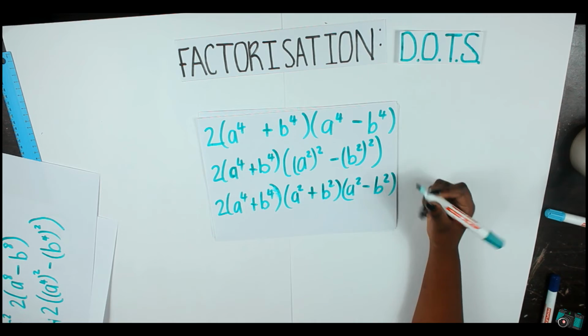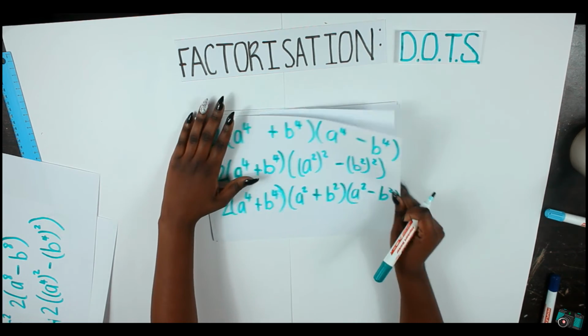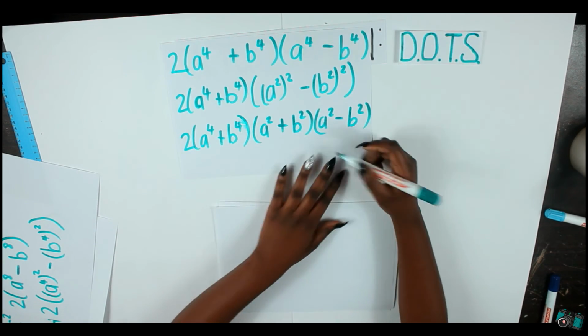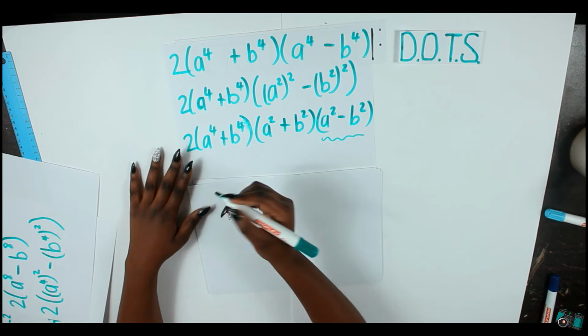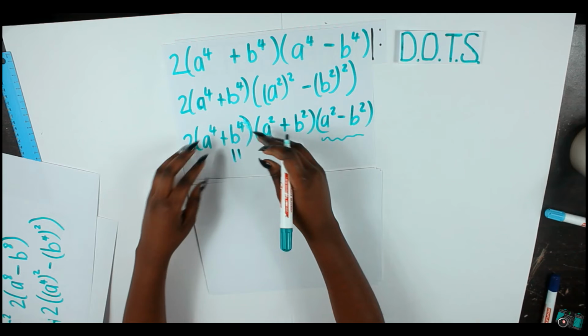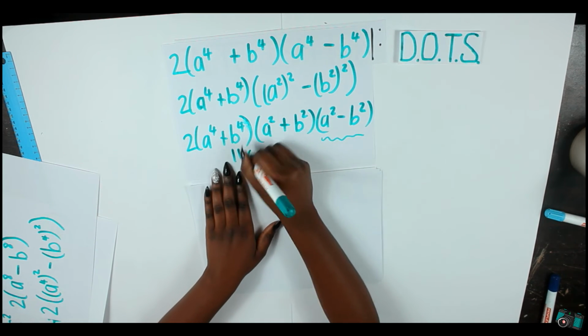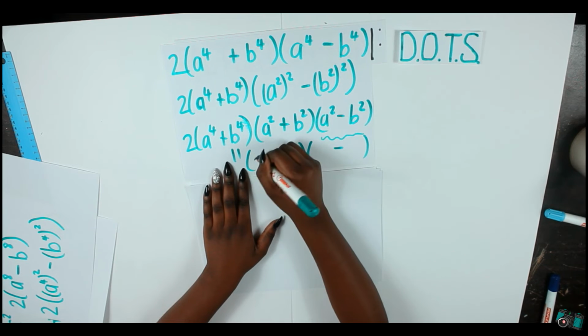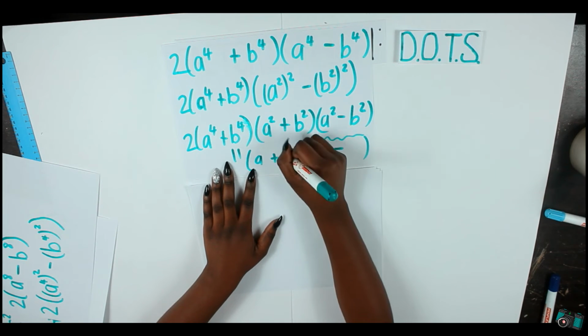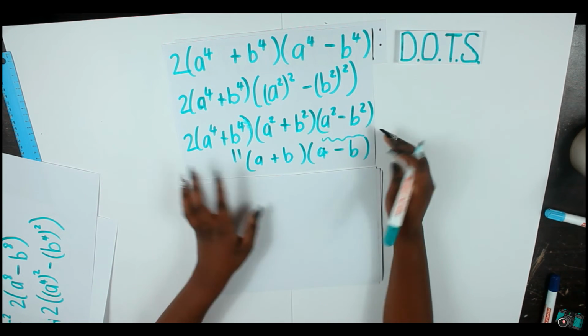Can I go further? Yes, you can. Because if you look here, this is another one, right? So this is going to stay the same. Introduce your 2 brackets, plus minus, a, b, and b.